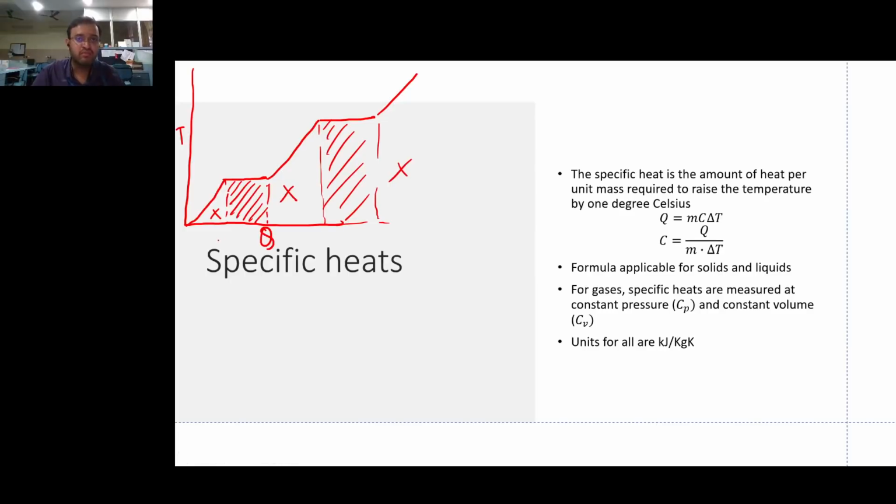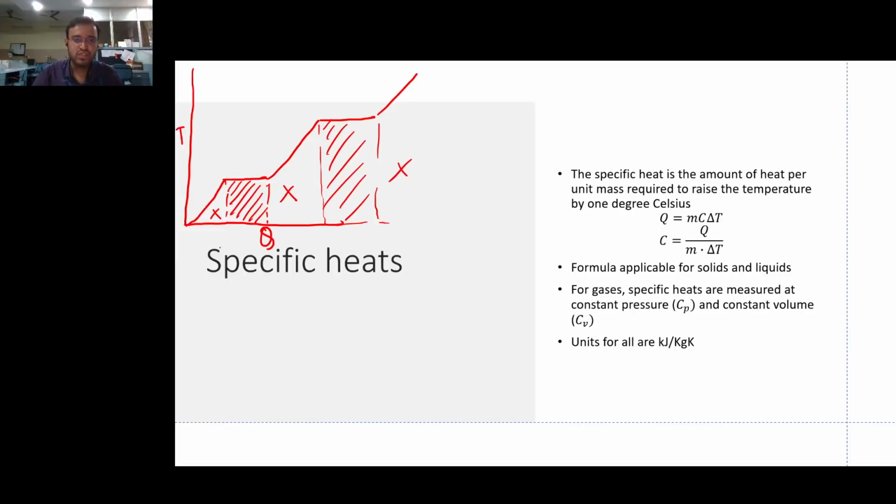Now what we come across is a specific relation between how much heat you add into a substance and the corresponding increase in temperature. This varies from substance to substance. So if you add a unit amount of heat into, say, a block of wood, and you add the same unit of heat into a block of metal, you'll realize that the temperature change is different.